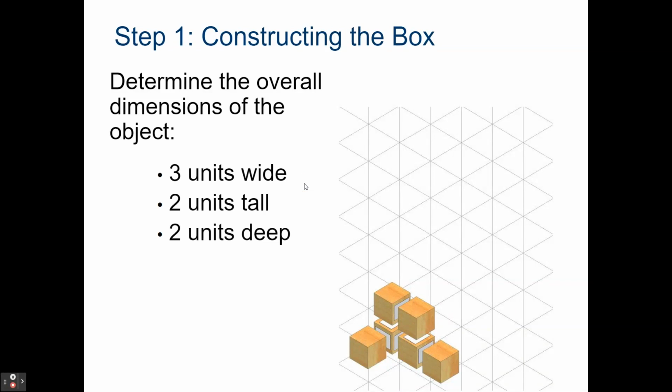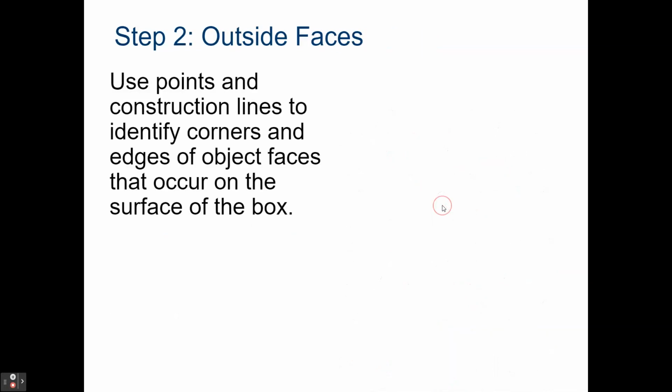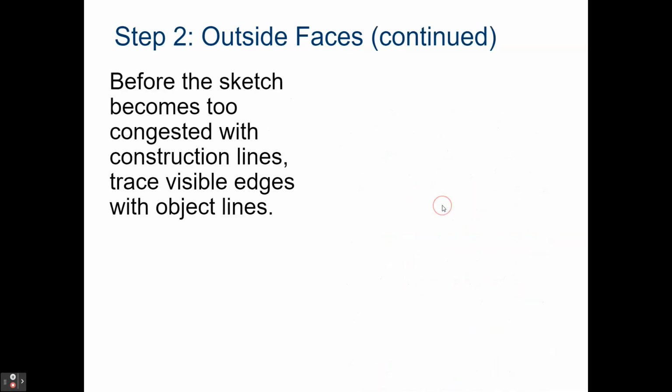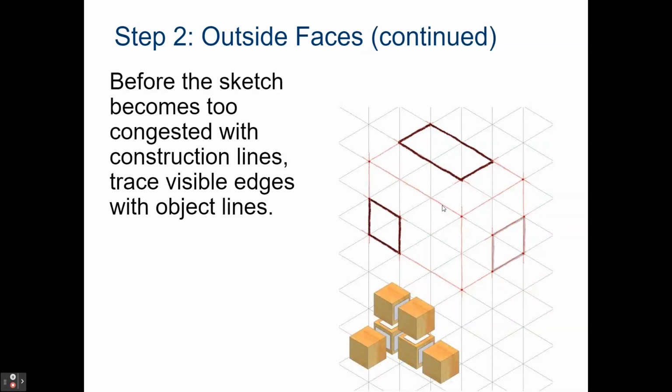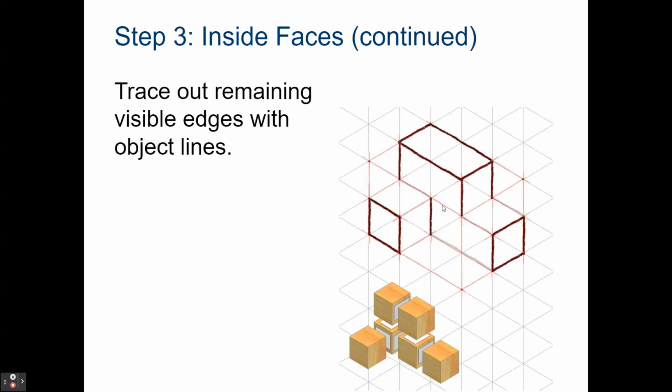Here's just another view, another object, starting with the glass box method. Get your overall height, width, and depth, draw out that box or that frame, and start identifying points on the object that you can then transfer over into your sketch. Darken in your object lines, make projections back and to the left, off and to the right, up and down in between your features until the part is complete.